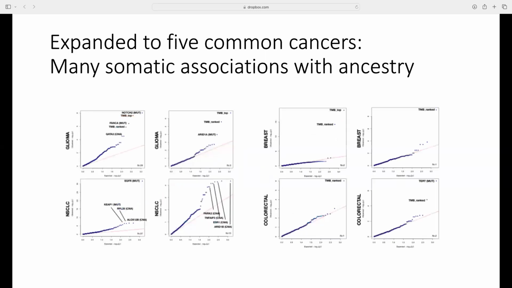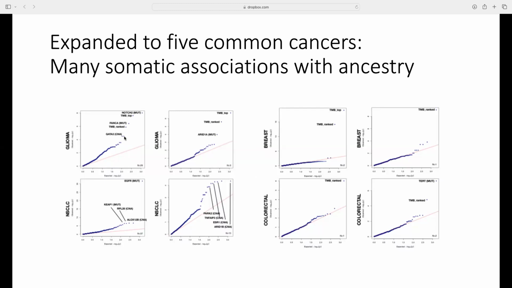And when we expand this type of analysis to 5 common cancer types across 2 different cohorts, so here we were using data from Dana-Farber, as well as a collaboration with Tempus with a similar kind of imputation, we actually see a large number of somatic associations.